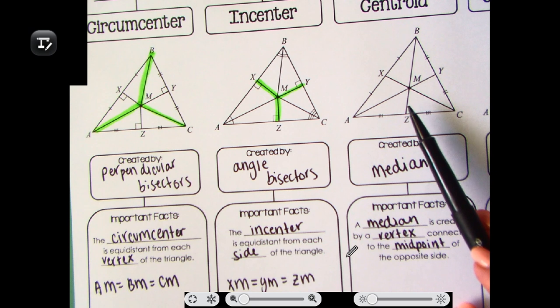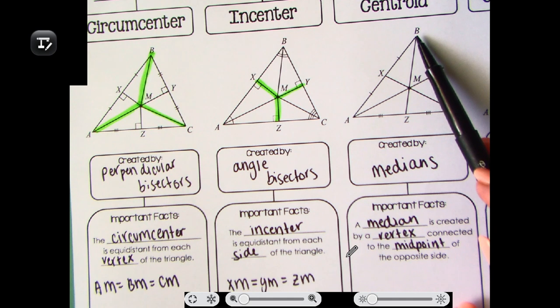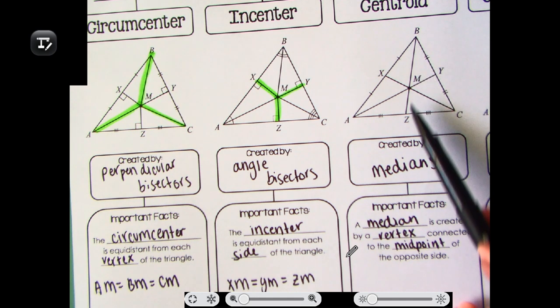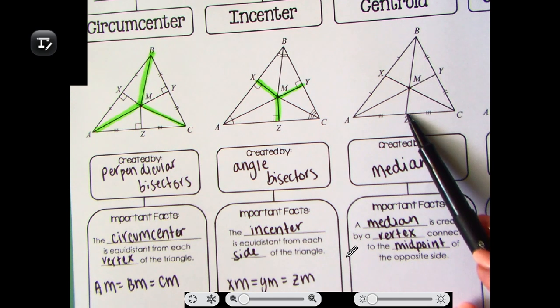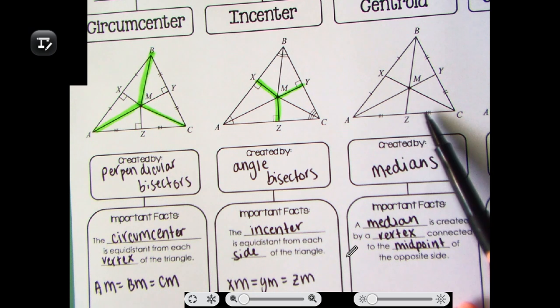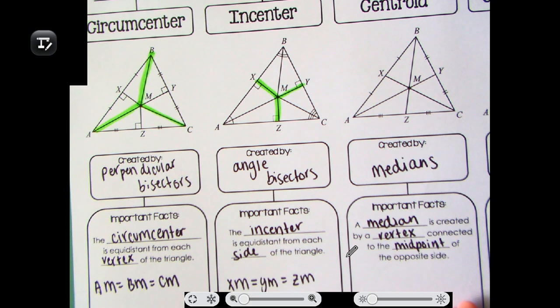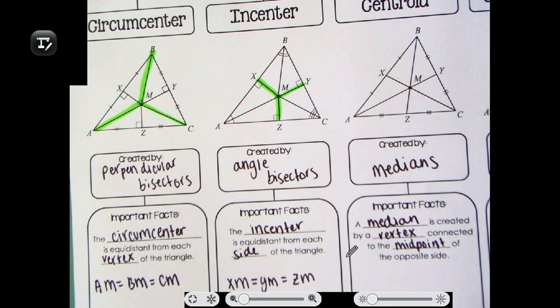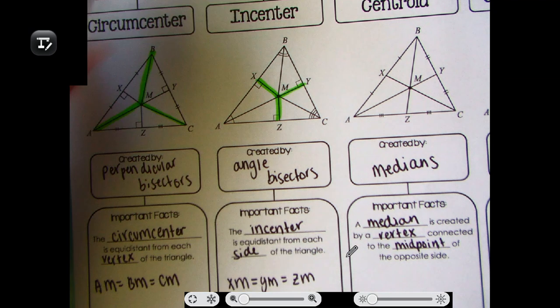So this isn't a 90-degree angle right here. So it's not a perpendicular bisector, it is a median. It goes from the vertex to the opposite side, and it hits the midpoint, meaning these two sides are equal to each other.